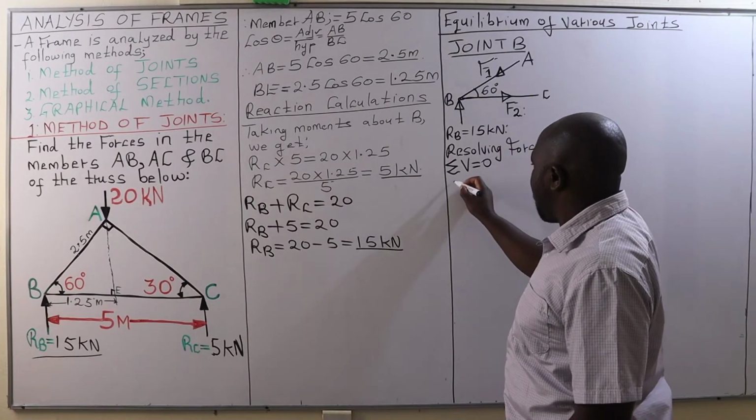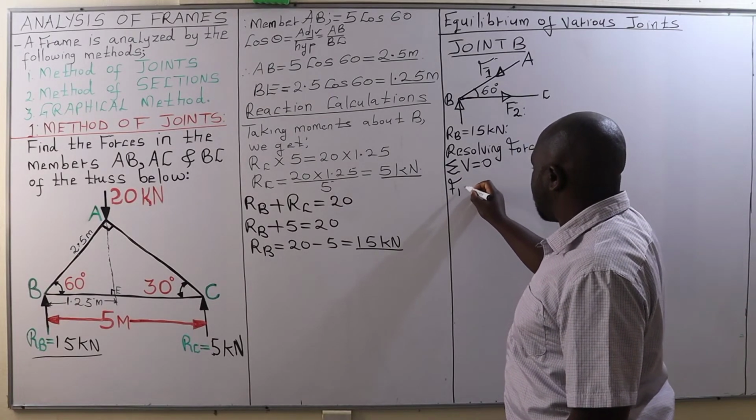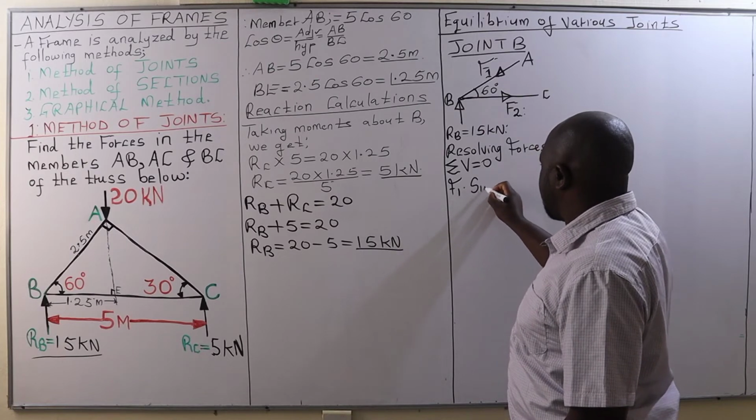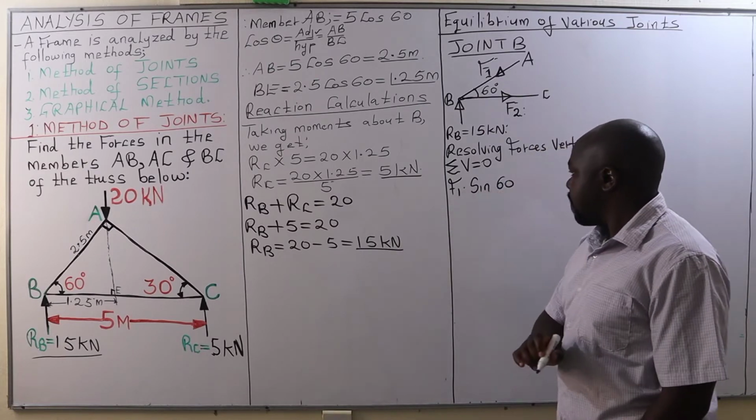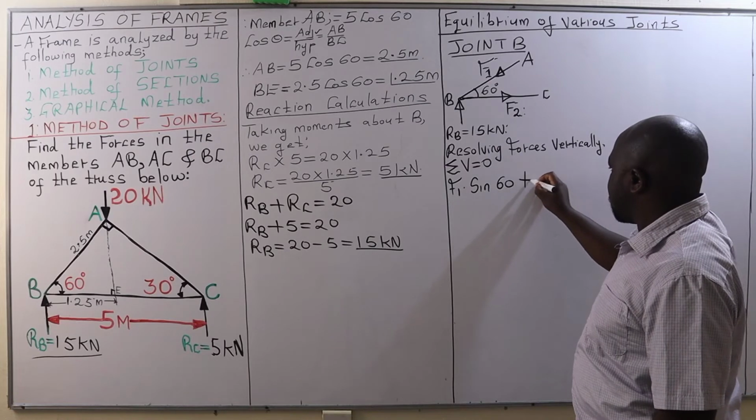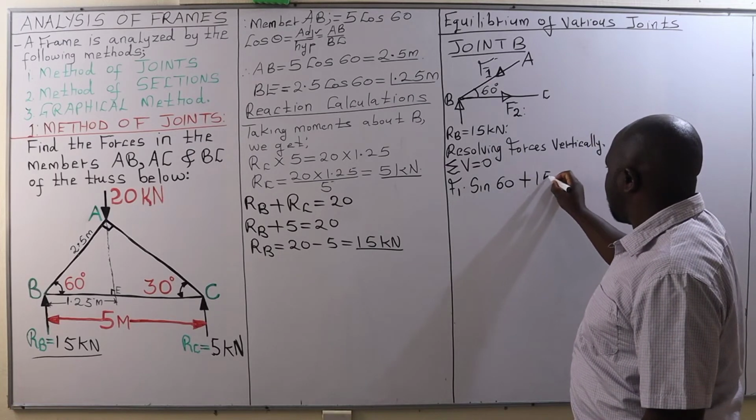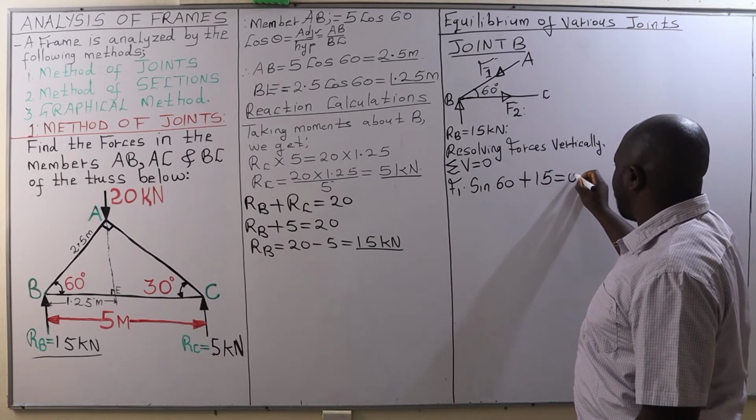Now, we are going to have F1 sine 60 plus 15 kilonewtons equal to 0.